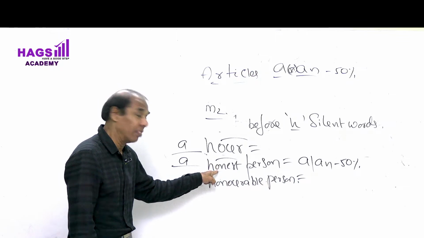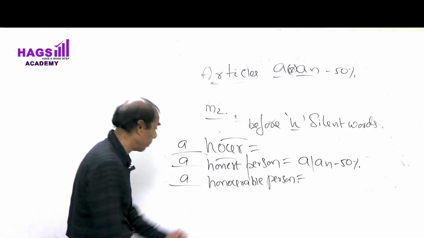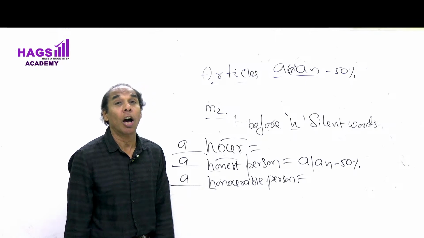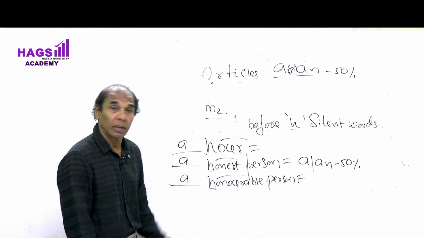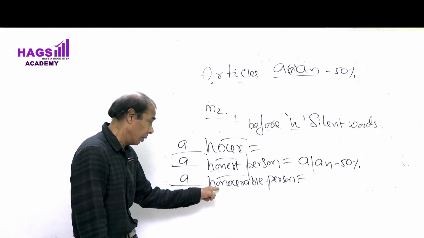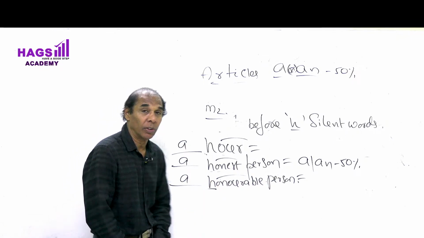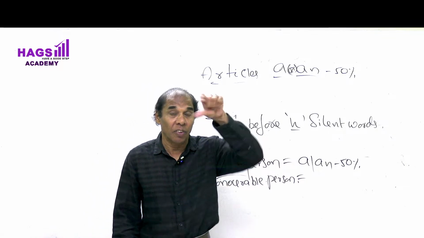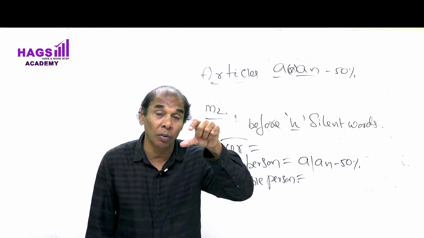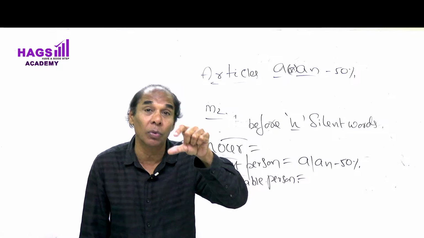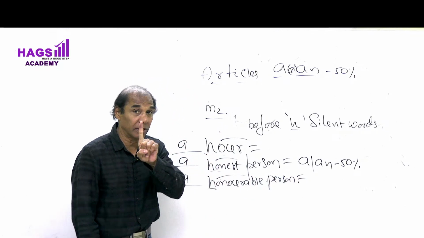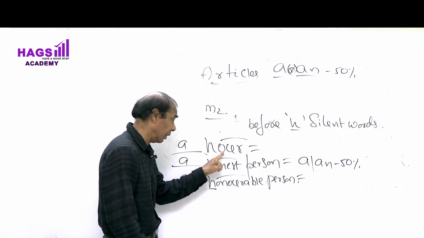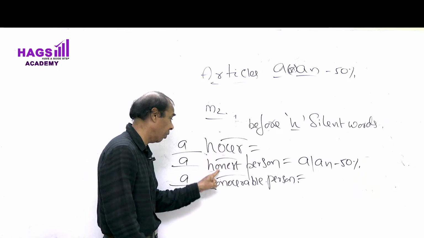The pronunciation begins with O. Similarly, we don't say honorable person, we pronounce onorable person. The pronunciation begins with O. So my students, give preference to the sound the word begins with, not to the spelling. Don't get confused.